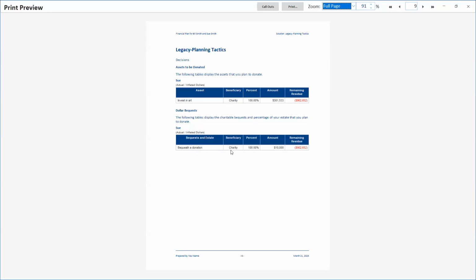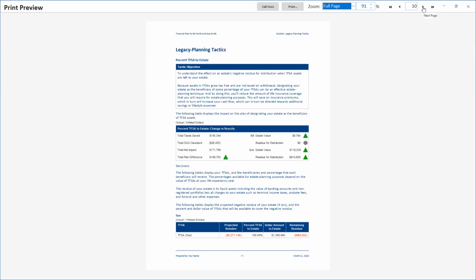She's also bequeathing a donation, which I had entered, if you'll remember, when I showed you, you have to go to charities bequests for specific dollar amounts. So she's bequeathing that donation. And then we get into the TFSA to the estate and so on, and we see the value of the negative residue, and that the 1.3 is going to the estate, reducing the negative residue down to 960,000.